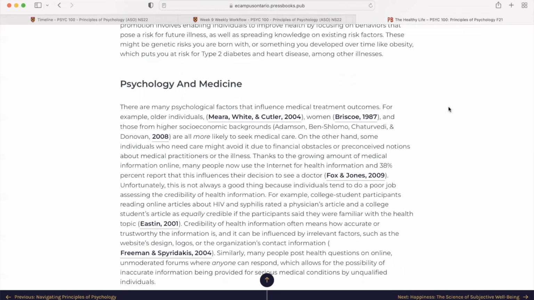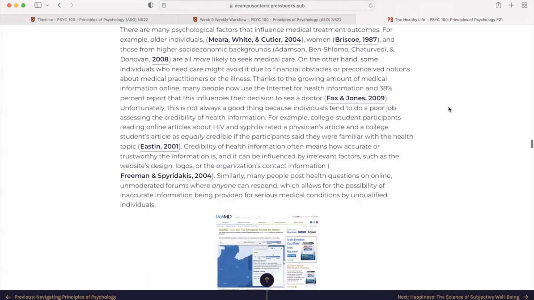Unfortunately, this is not always a good thing because individuals tend to do a poor job assessing the credibility of health information. For example, college student participants reading online articles about HIV and syphilis rated a physician's article and a college student's article as equally credible if the participants said they were familiar with the health topic.